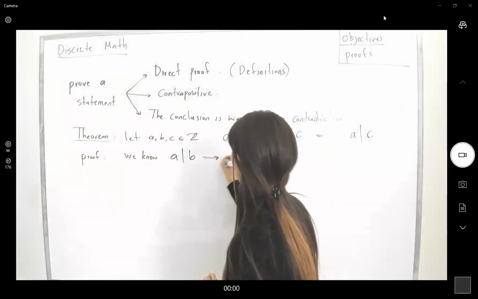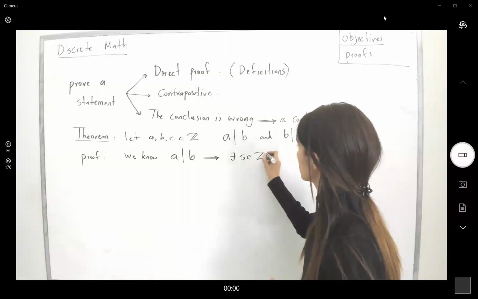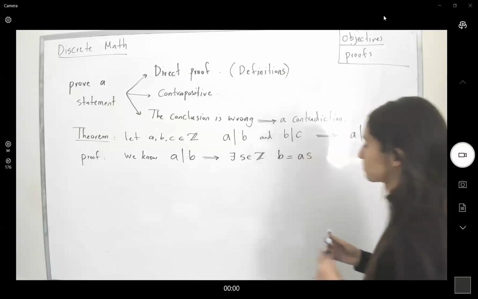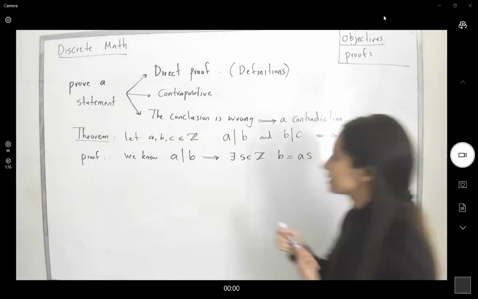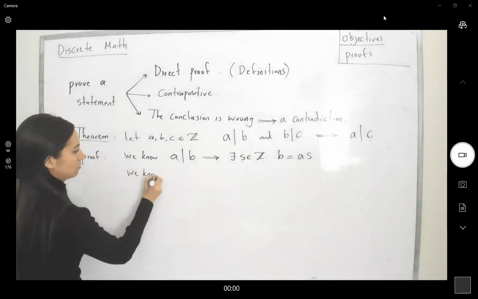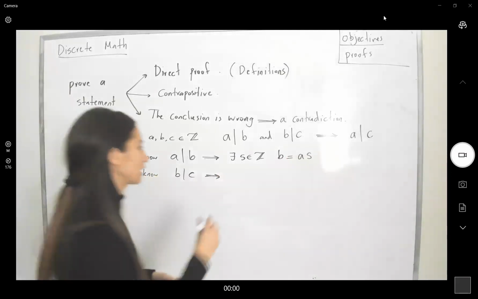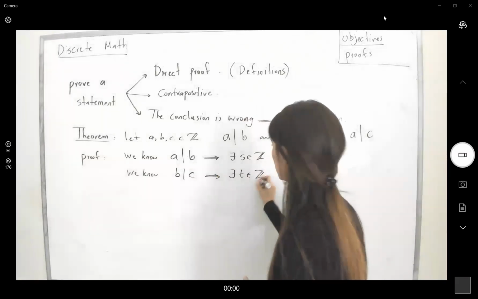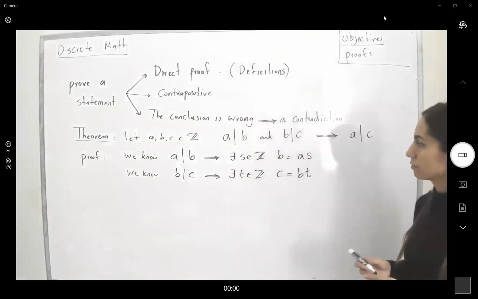It means that we can find another integer like s such that b is equal to as. We also know that b divides c. What's the meaning of that? It means that we can find another integer like t such that c is equal to bt.